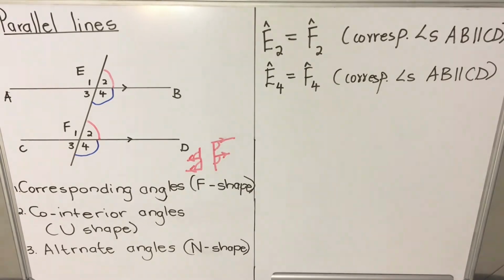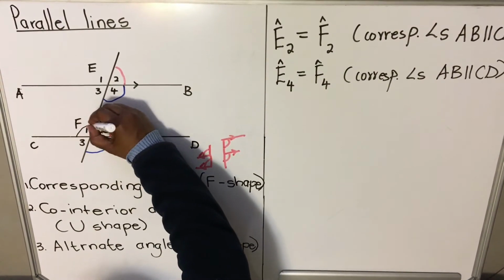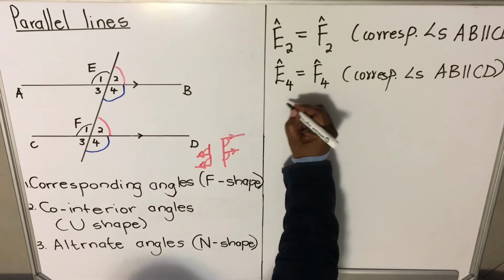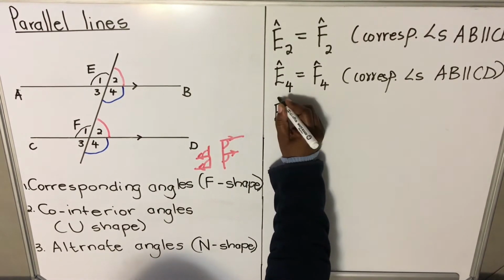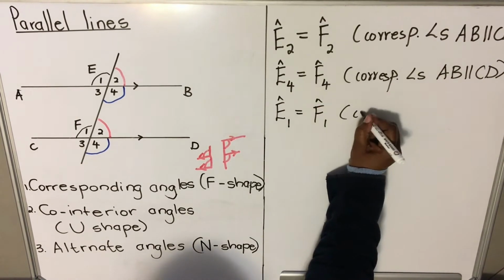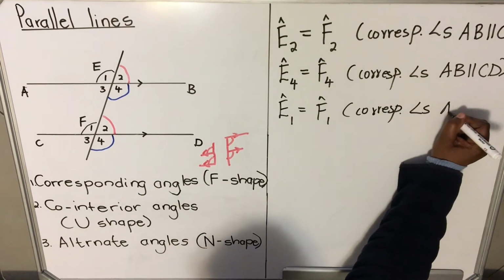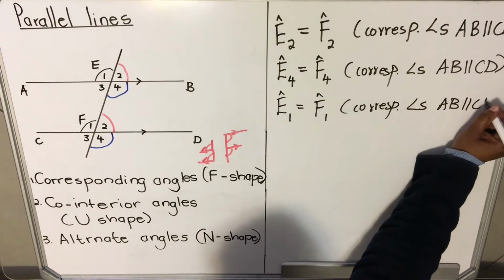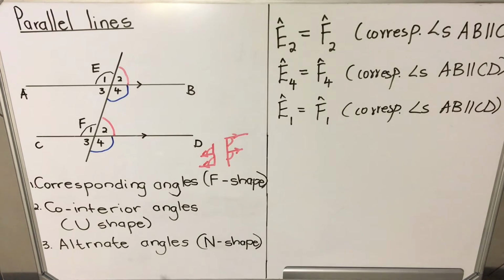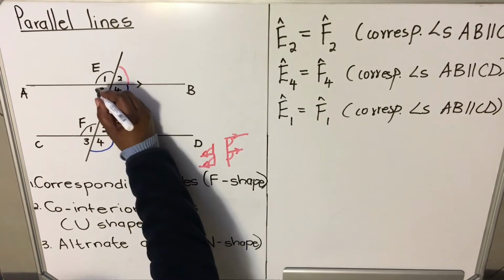Okay, let's look at another one. Now, when you look here, there's an F that goes like that. So that angle will be equal to that one. Angle E1 will equal F1. Corresponding angles, same parallel lines. And the last one, do you see you have an F going down like that?